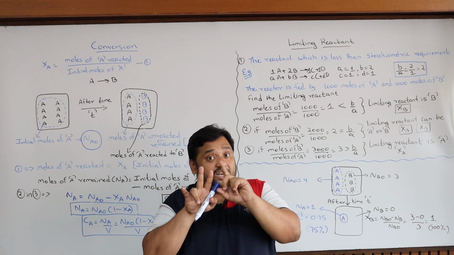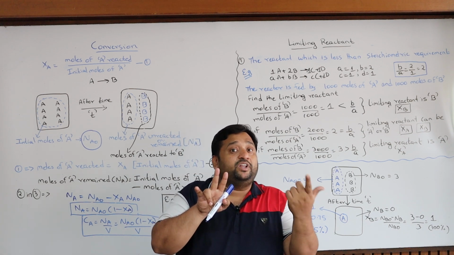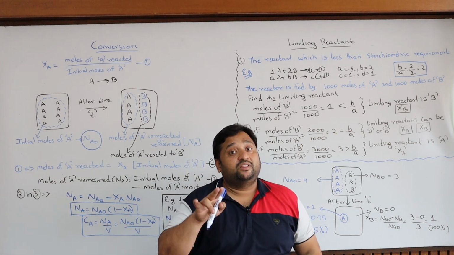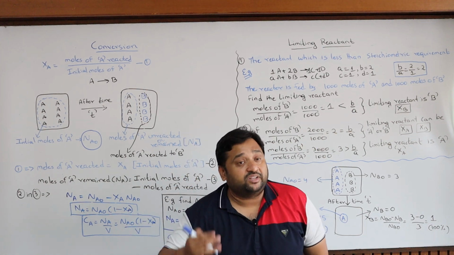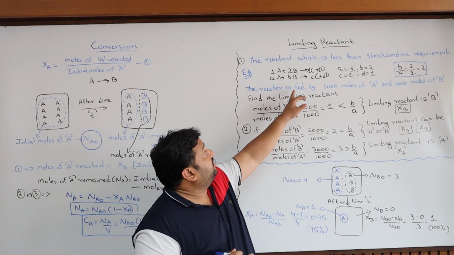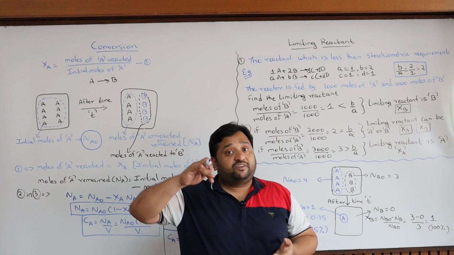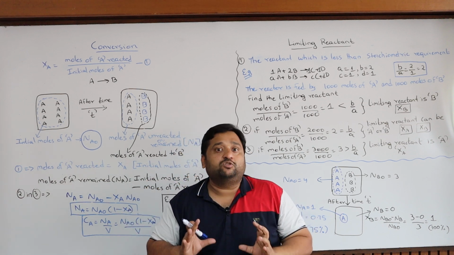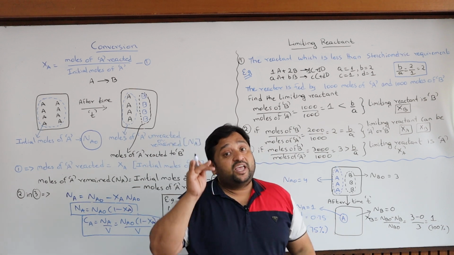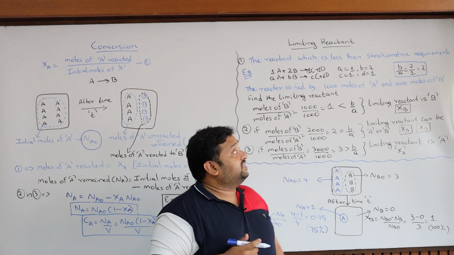when the ratio is less than the stoichiometric amount, what is my limiting reactant? If the ratio is greater than the stoichiometric amount, which one is the limiting reactant? We are going to discuss this. Let us say there is a reactor in which I have kept 1000 moles of A and 1000 moles of B for the reaction. Let us see which one is the limiting reactant.